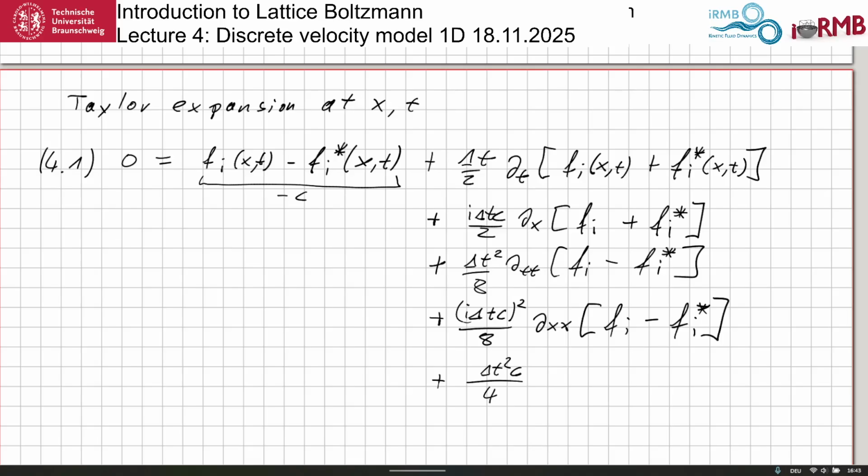Why do I have the I here by the fi? I don't have the I here. I think this is nonsense. I don't have the I here, right. So and now we have the dx and t. Now this is the same thing, fi minus fi asterisk. Did I have any further mistakes? So let me stop at this order.